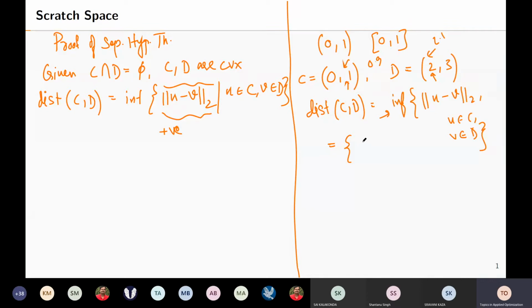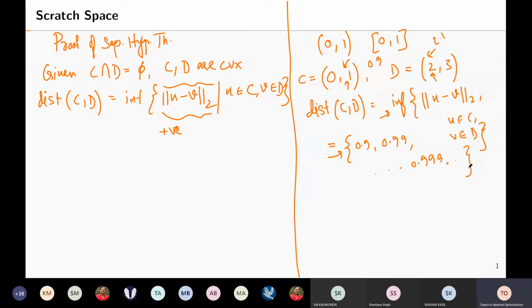So you will get a sequence like 0.9, 0.99, 0.999, and so on. If you start computing the distances by taking some of the points here, this is the set of distances you will get.